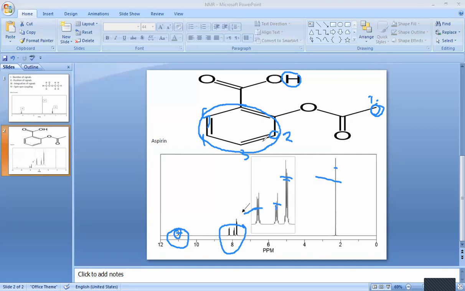I'm a little confused about whether it belongs to this one or this one, but it should be this one because that's the most deshielded one.